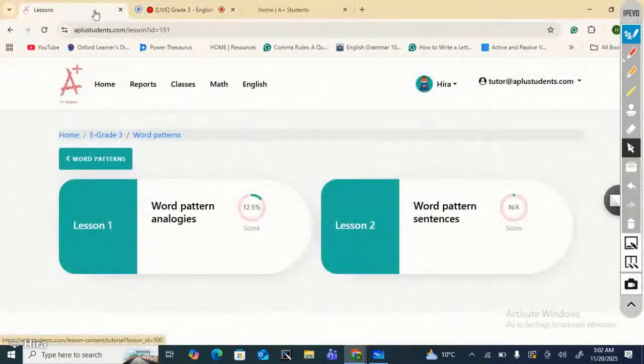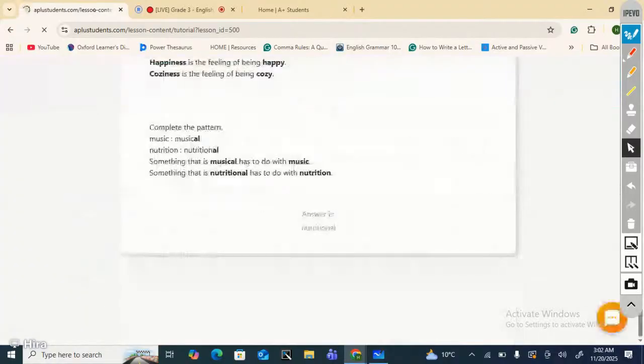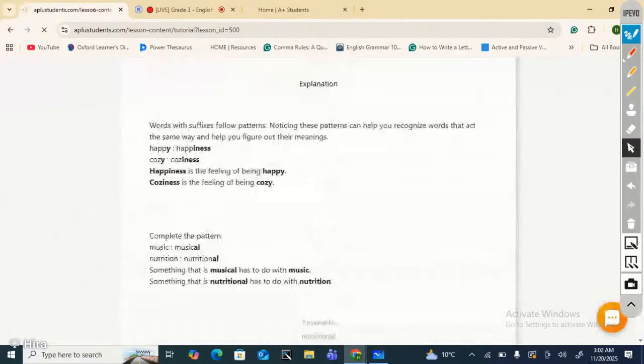Lesson number 1, Word Pattern Analogies. We are going to learn word patterns and word pattern analogies.